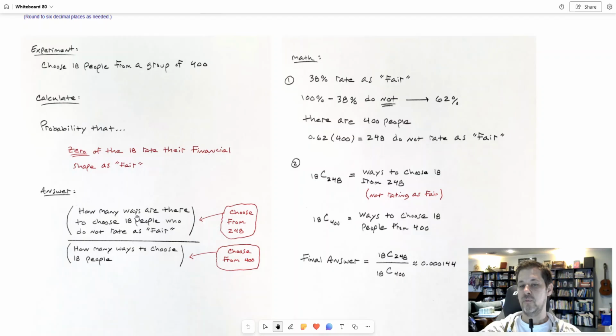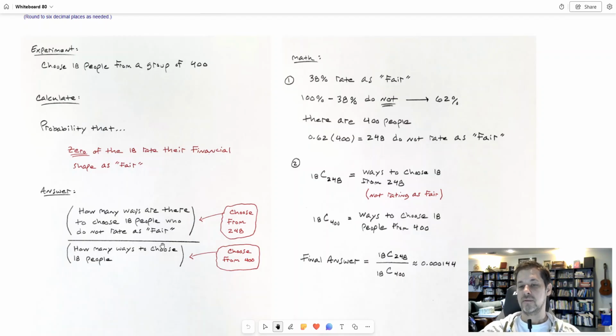I need to count the ways there are to choose 18 people who do not rate as fair, because I want the probability that none of them rate their financial shape as fair. So I have to figure out how many ways there are, out of this group of 400, to pick 18 people who do not rate their financial shape as fair. And I'll divide that by how many ways there are to choose 18 people from the group of 400 altogether.